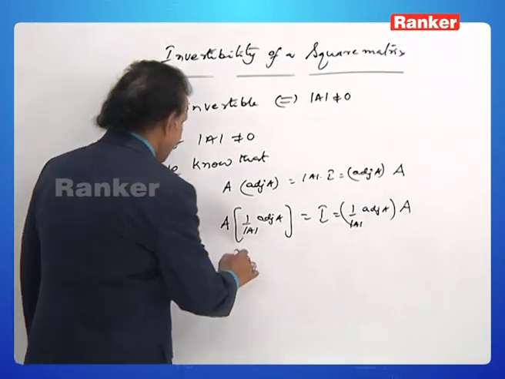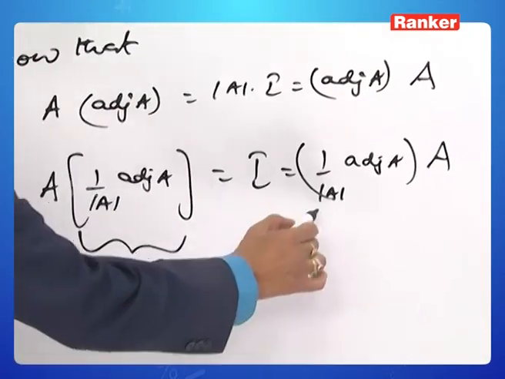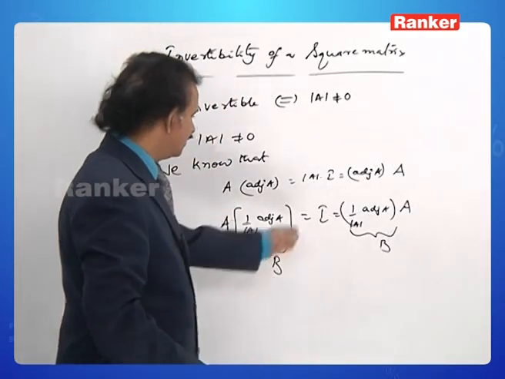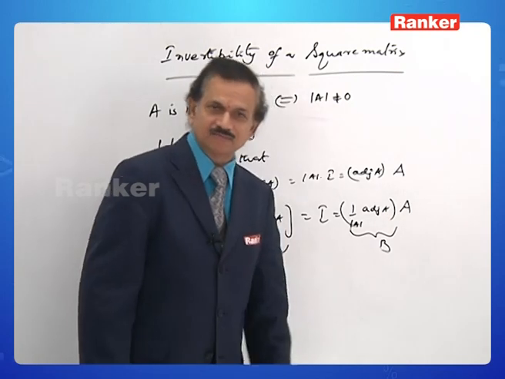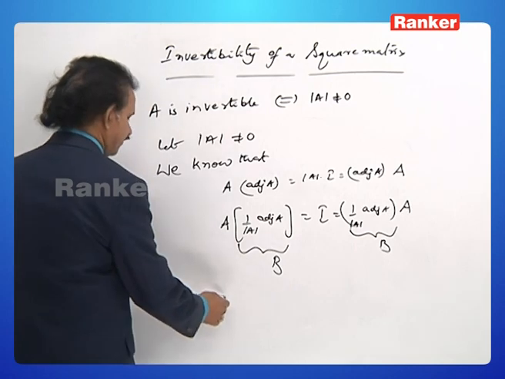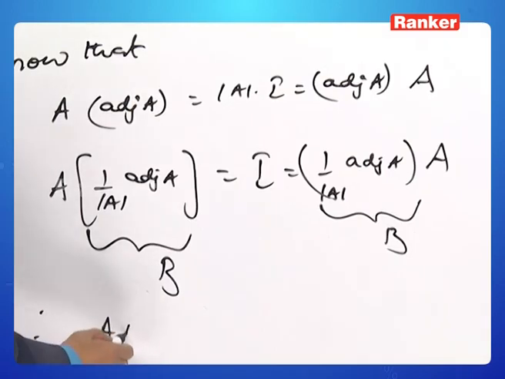Well, my dear, you name this sum B. What could you see here? AB is equal to I is equal to BA, isn't it? Therefore, A is invertible.